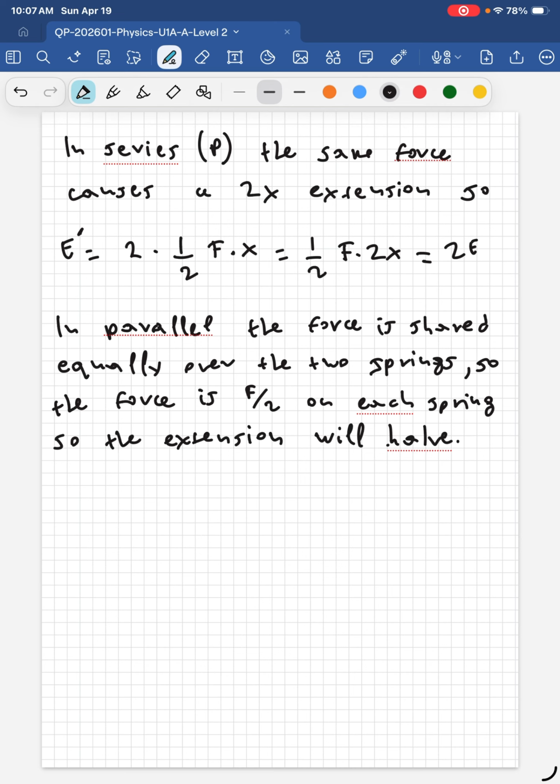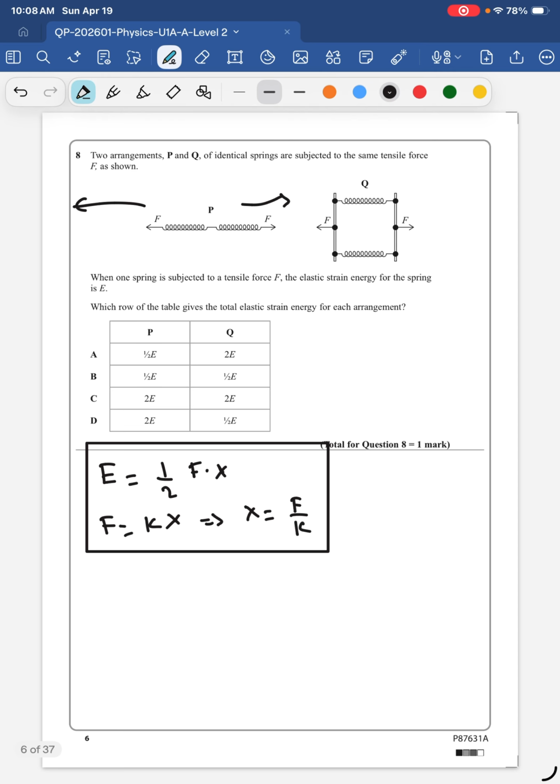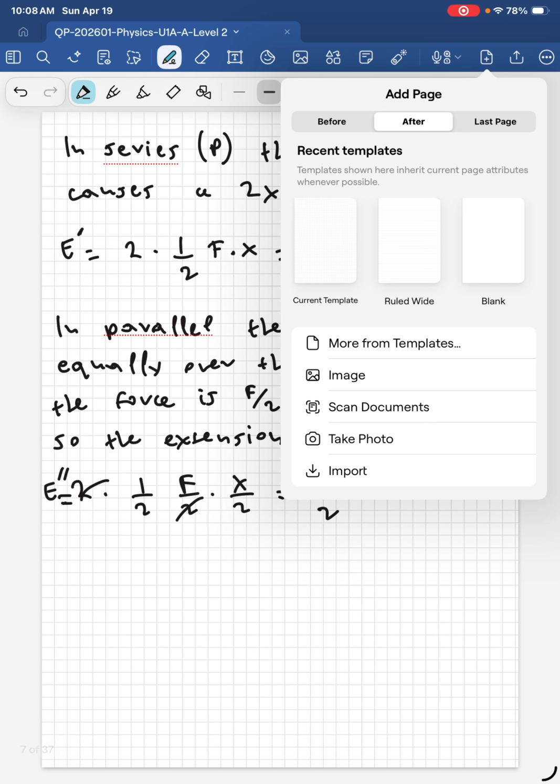In this case, we have 2 times 1/2 times F over 2 times x over 2. The force will be half and the extension will be halved, and we have 2 springs, so these 2 cancel. In this case, we have 1/2 times E. That's the energy of the second arrangement. So the correct answer is D. Now another way, I promise I'm going to show you 2 ways.